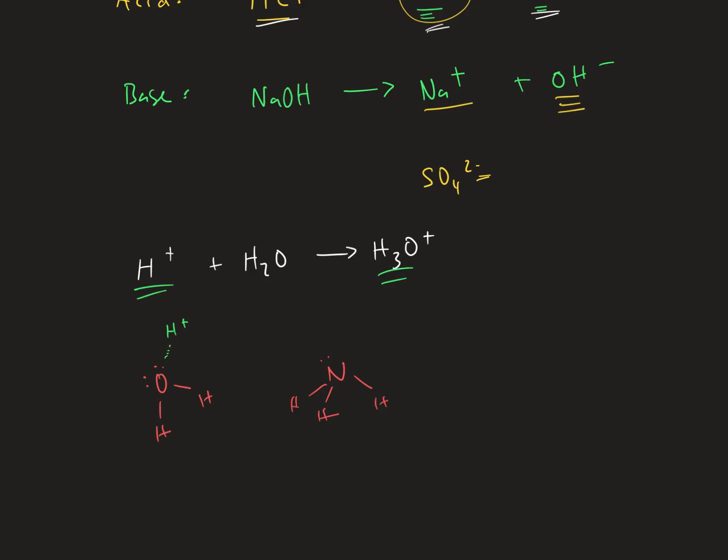And so it can hook up there to create H3O plus. And if we do it for ammonia, we've got H plus saying the same thing, and it turns into NH4 plus. That's how it's able to do that. Good? Any questions so far on how you tell if it's an acid and a base?